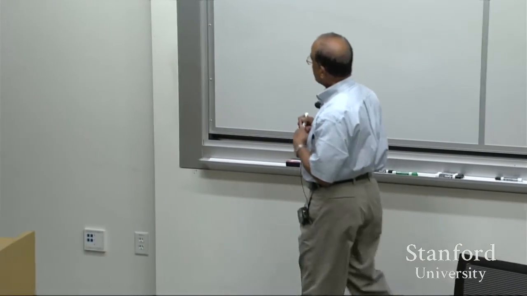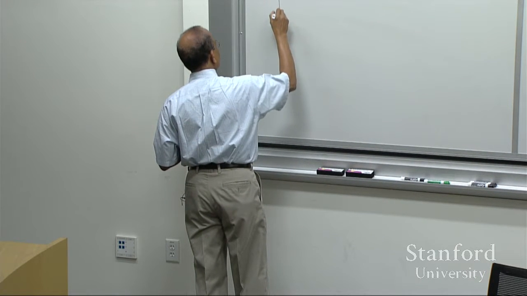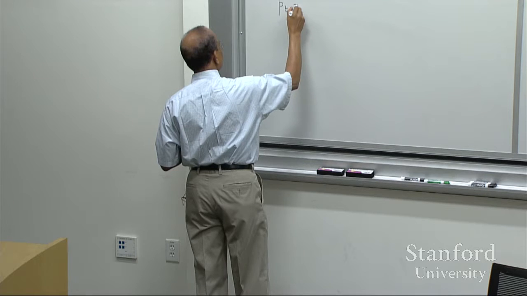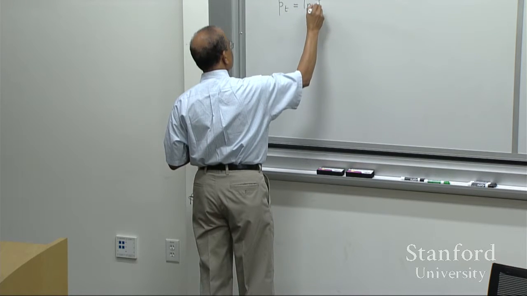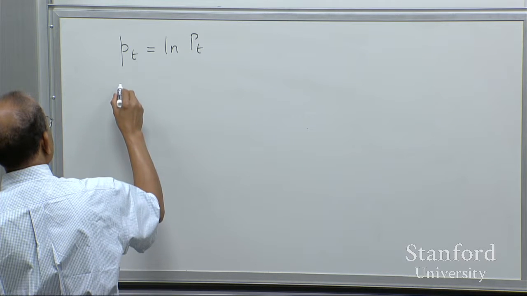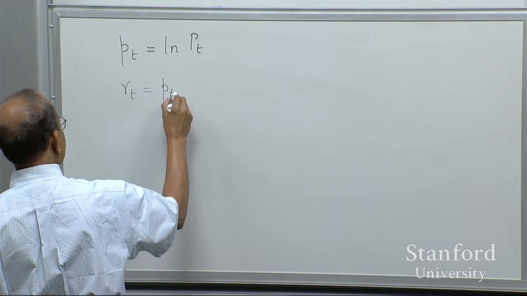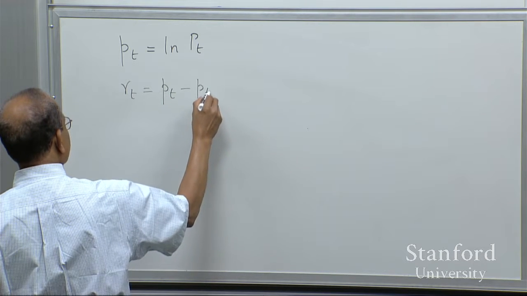So the key tool that we are going to use here is this. If you remember yesterday I defined P of t as log of P of t. So we are going to take the difference. So the difference by definition is nothing but the return on the series, okay?